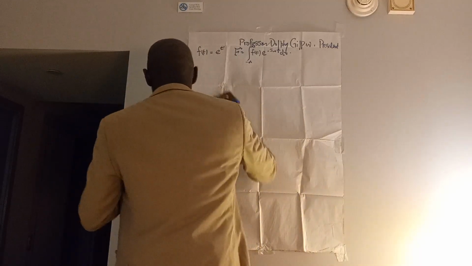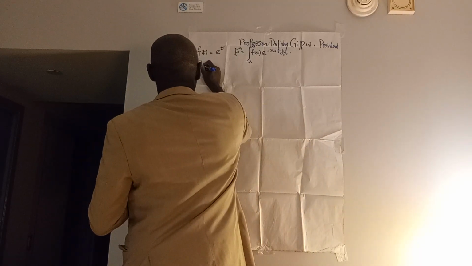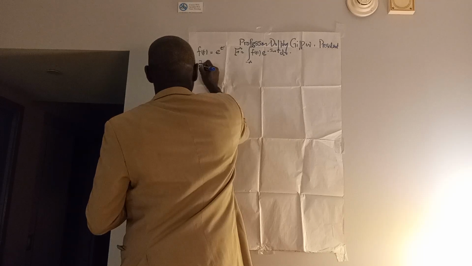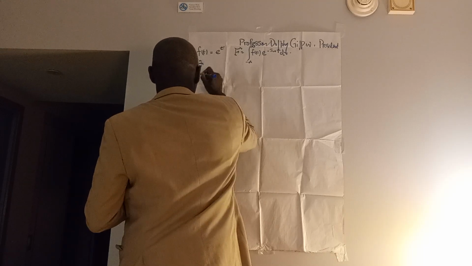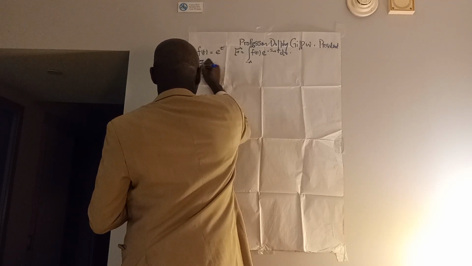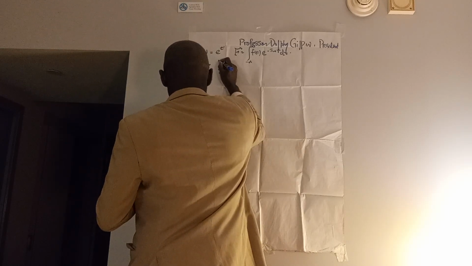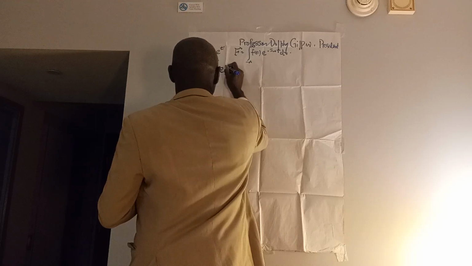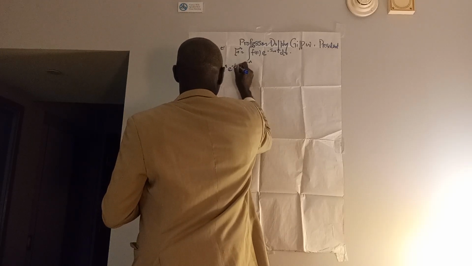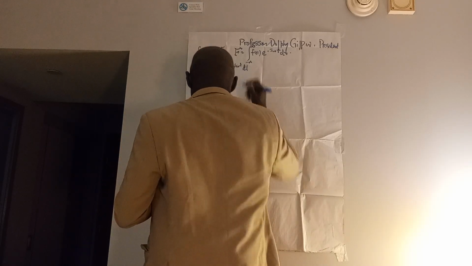We say now that the Fourier transform, sometimes written like so in a fancier script, is equal to the integral of e to the t, e to the minus j omega t dt.